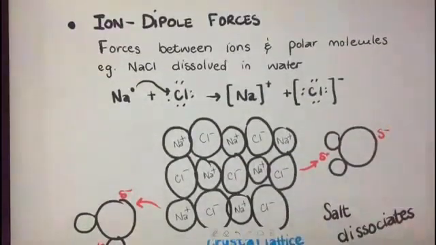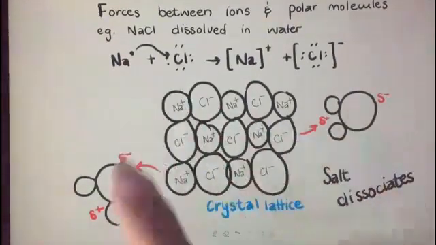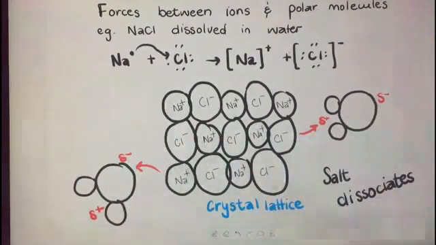So, ion dipole forces are the forces that we find between ions and polar molecules. The best example would be, this is what happens if I take sodium chloride, table salt, and I dissolve it in water. Sodium chloride is an ionic substance.